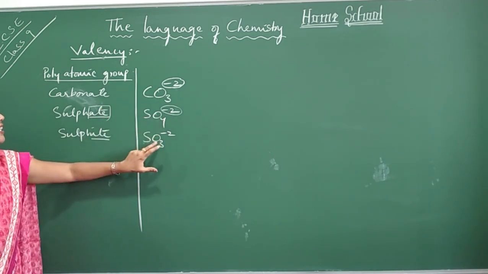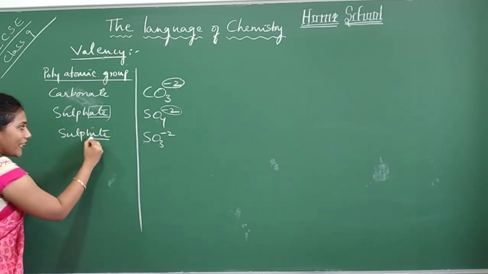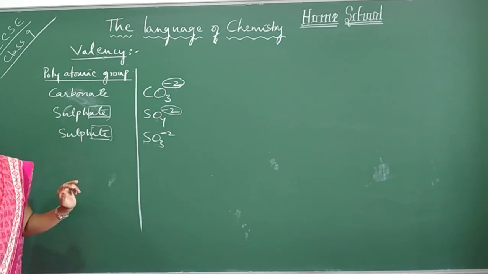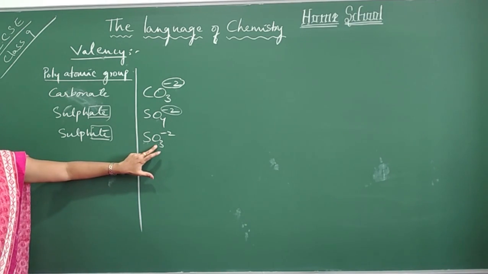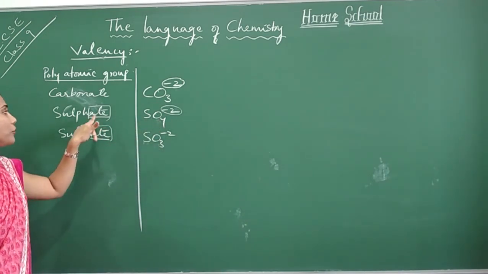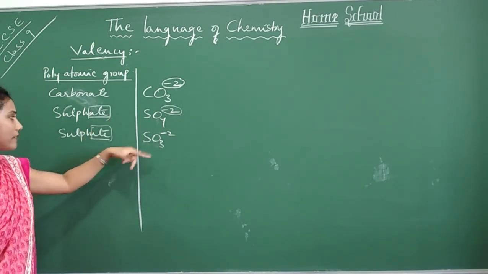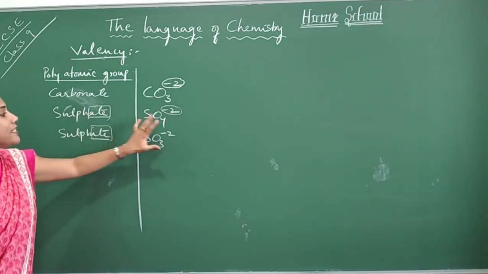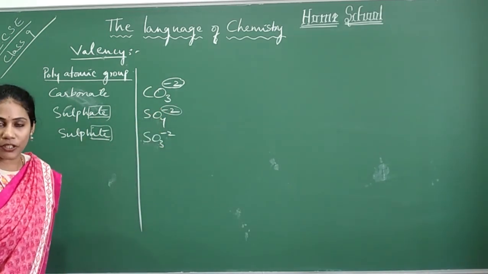The one which has fewer oxygen atoms should have a name ending with ITE. Knowing the names is also very important. So sulfate means SO4, sulfite means SO3. Both of them have the valency minus 2.